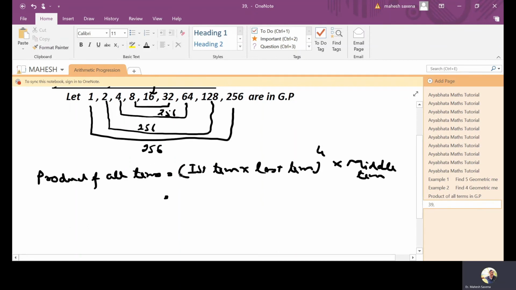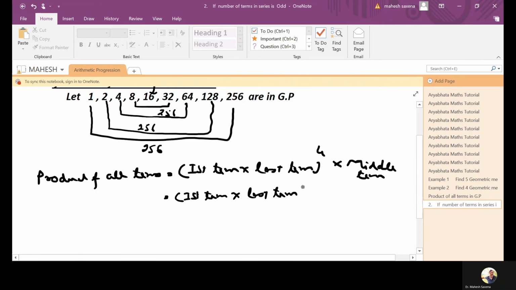The middle term is the square root of the first term and last term, that is first term into last term whole to the power 1 by 2.